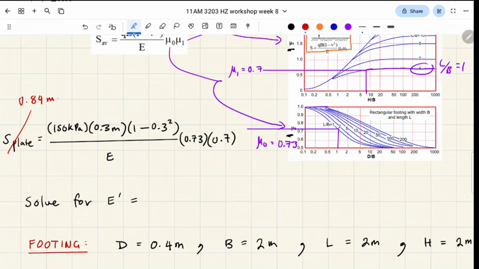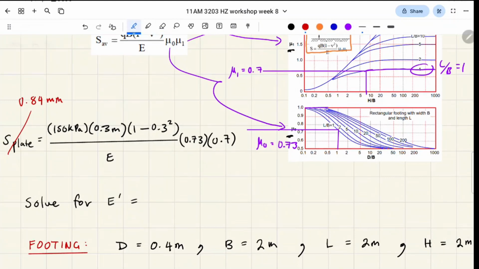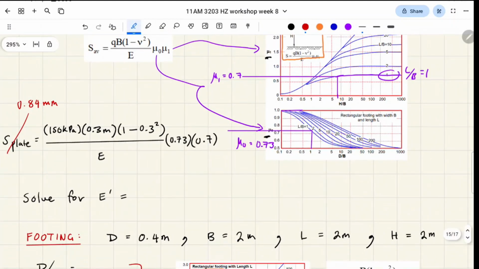So what we have to do is convert these to the same units. I'm going to convert the millimeters to meters here on the left-hand side. The millimeters cancels out, and we get 0.84 divided by 1,000 meters.